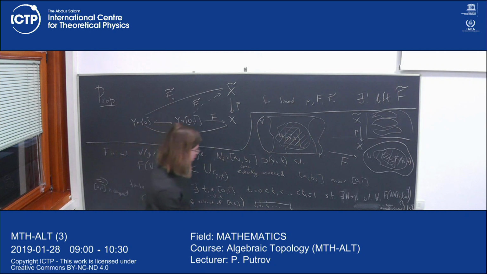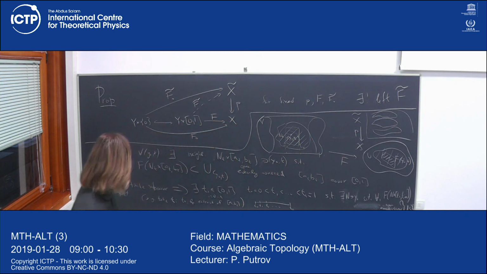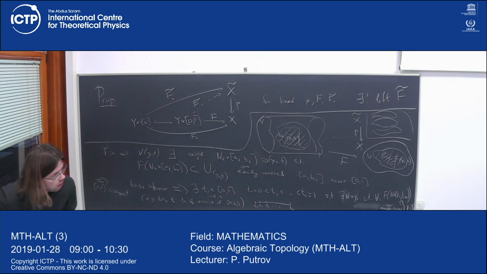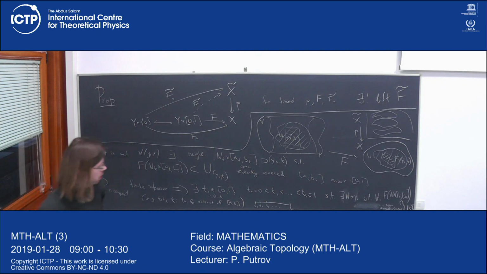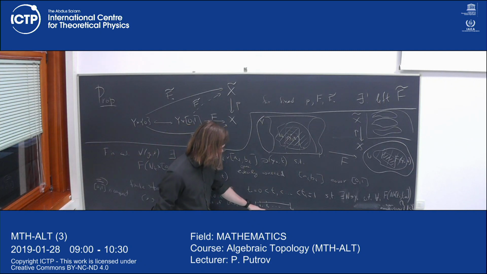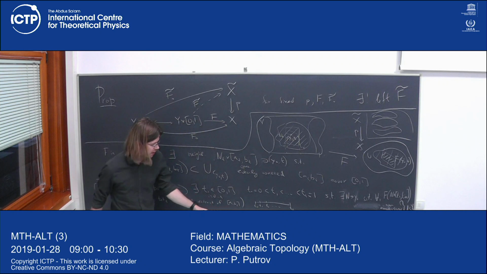Right? So this is because we can take N to be the intersection of all the N_t for these finite t_i's, where we take the t_i's to be just endpoints. Yes, N is the intersection over t belonging to the finite subcover.